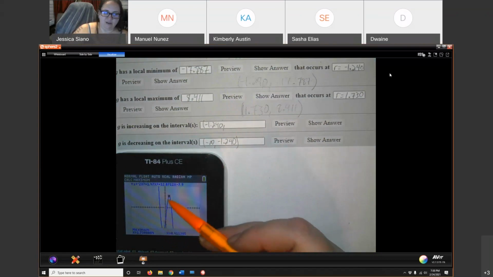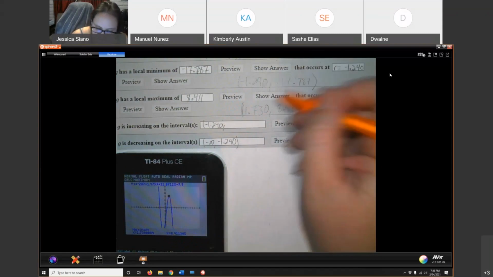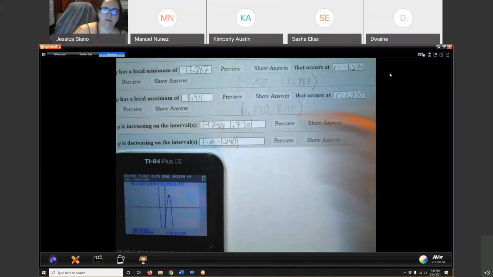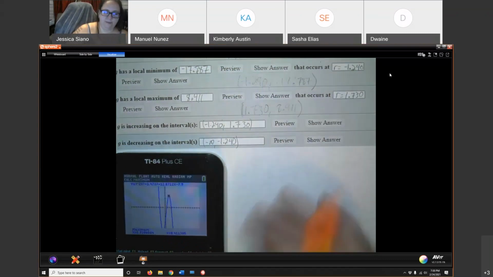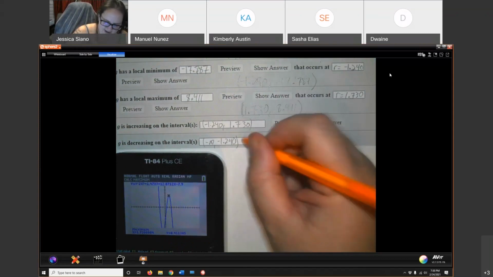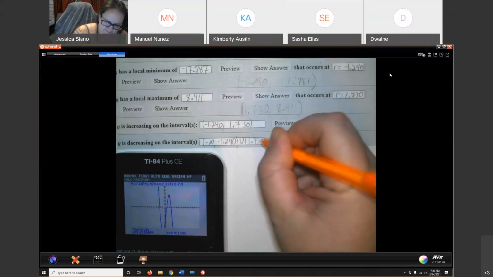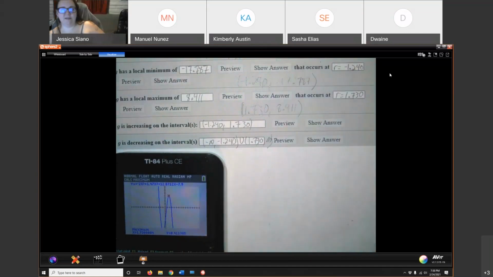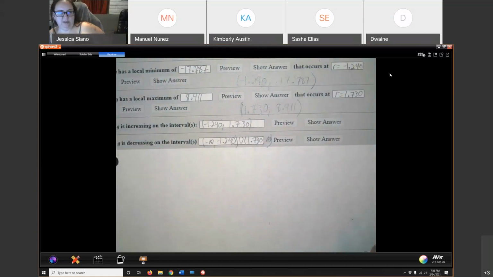It stops increasing at this maximum, which we know has an x value of 1.730. At that point, it starts decreasing again, and it's never going to stop decreasing after that, so we will go on to infinity.